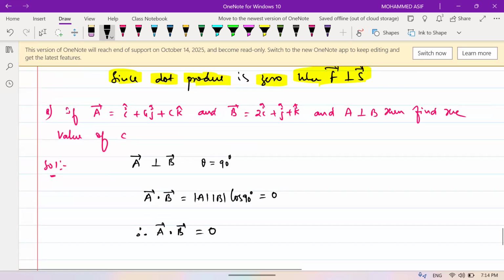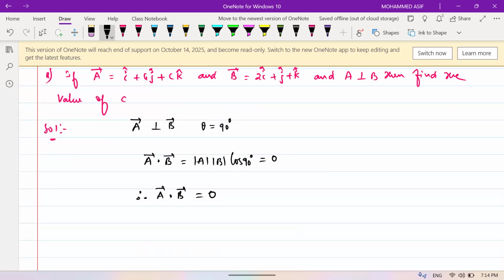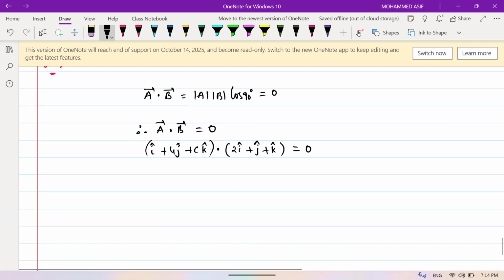Given A is i cap plus 4 j cap plus C k cap, and B is 2 i cap plus j cap plus k cap. So i cap plus 4 j cap plus C k cap dot 2 i cap plus j cap plus k cap will be equal to 0. Just now multiply i and i: i dot i is 1.